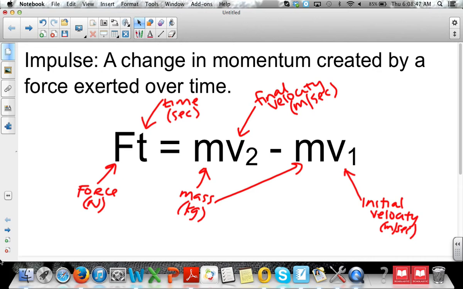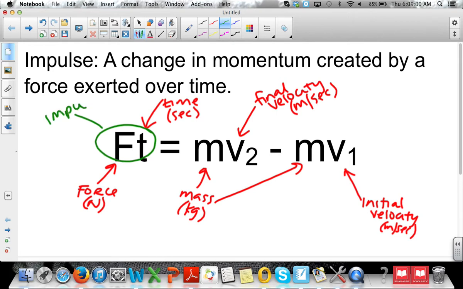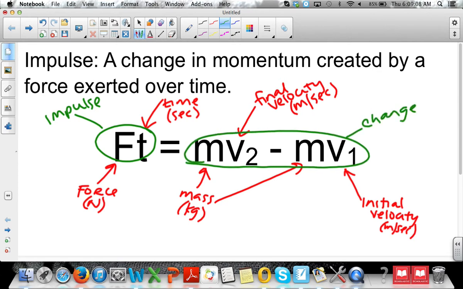And so you'll need to find the whole entire Ft, that is the impulse. Ft is the impulse. I should write that down. So this whole side is impulse, this whole side is the change in momentum. Okay, so they have to equal each other.